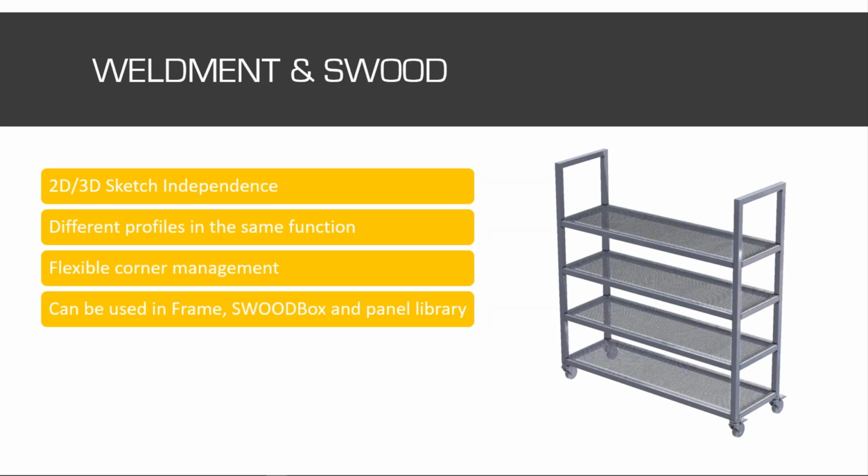If you want to set, for example, that the top covers the side or the opposite, or if you want to have something in the MitoCut, all these features can be used with the SWOOD features in the SWOOD boxes, SWOODFRAME, and SWOOD panel also.